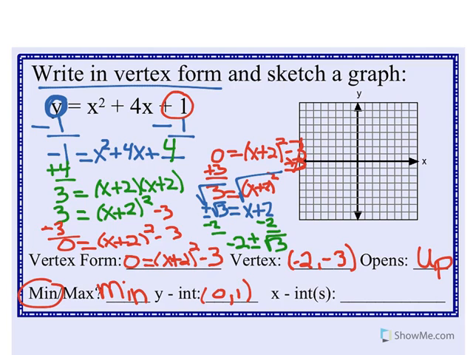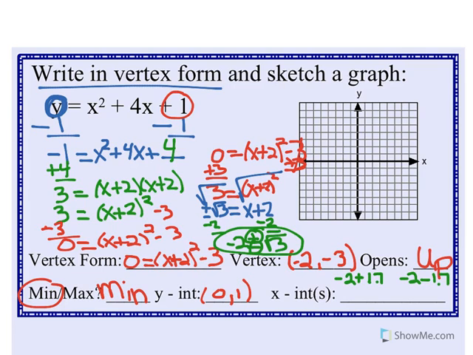If I go into my calculator and I type in the square root of 3, I will get that it's about 1.7. So the two x-intercepts can be found by doing negative 2 plus 1.7 and negative 2 minus 1.7. I'm taking this statement right here and I'm breaking it into the plus sign and the minus sign.